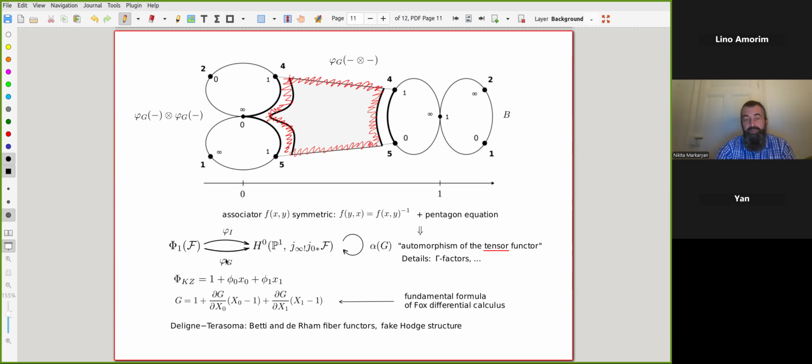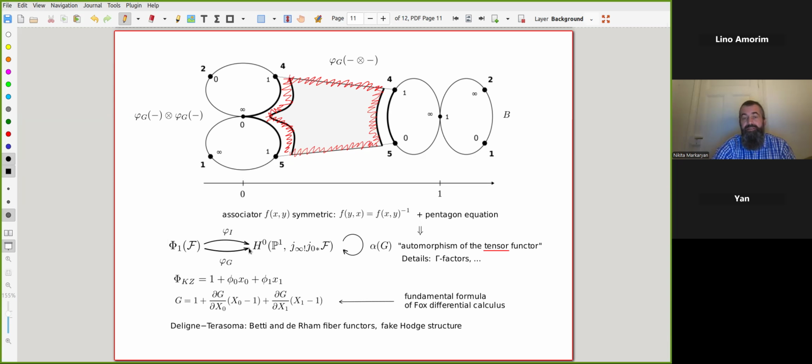So we started with the category of perverse sheaves. We have convolution. We don't have a fiber functor. This guy is a fiber functor by definition. And we have two isomorphisms of this functor with another one. And we can say that both these functors equip this guy with tensor structure.